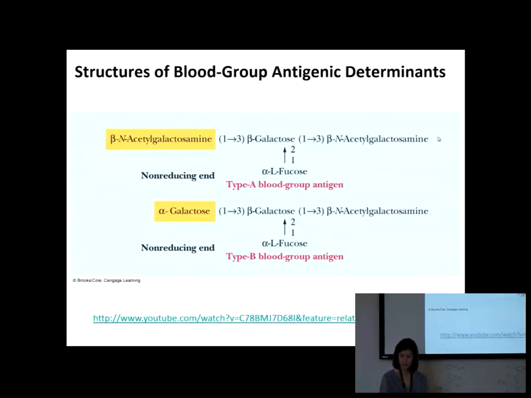Don't worry about this part. I just wanted you to see if you are type A, then at the end you have a beta N-acetylglucosamine. And if you are a B, you have a galactose. So that's recognition. So the take-home part of this is we make our polysaccharides, our disaccharides, but we also use them for recognition. I'm going to not show this now.